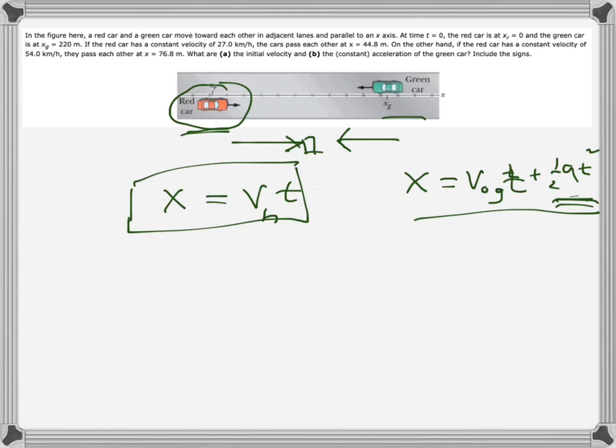Now we will use this equation because we know the constant velocity. Also we know at what distance they meet, that means at what distance from the red car they meet. That means we know how much the red car has traveled.